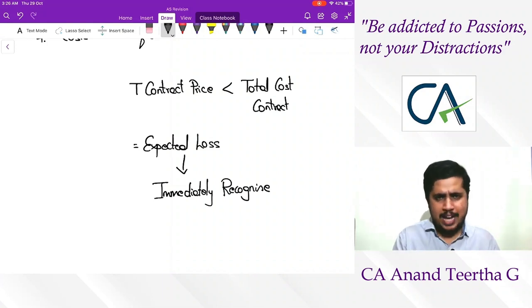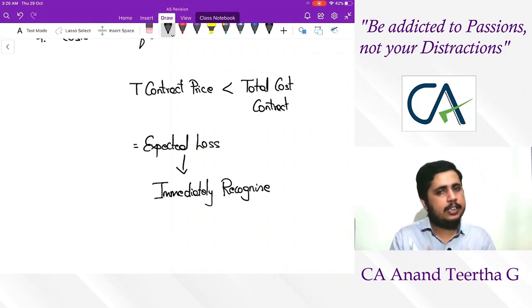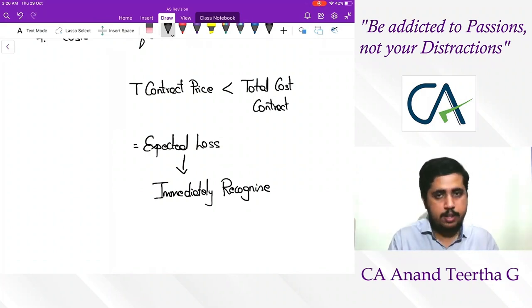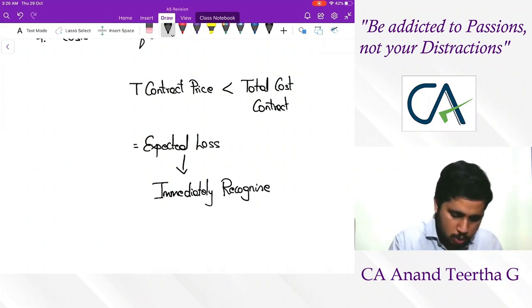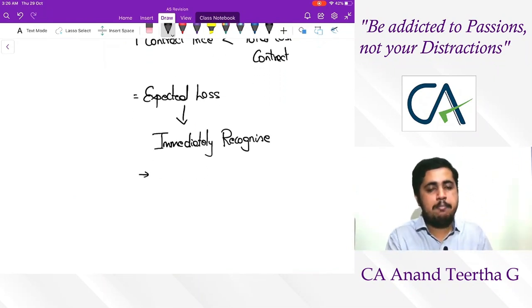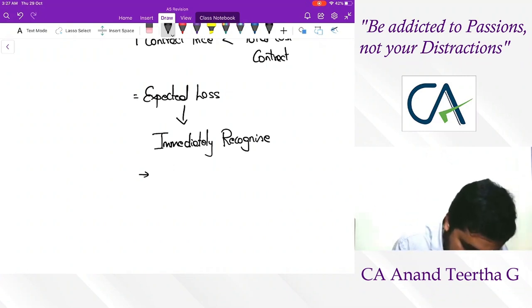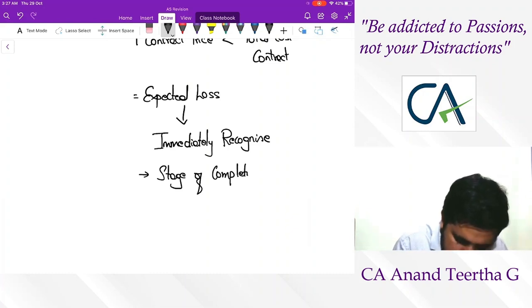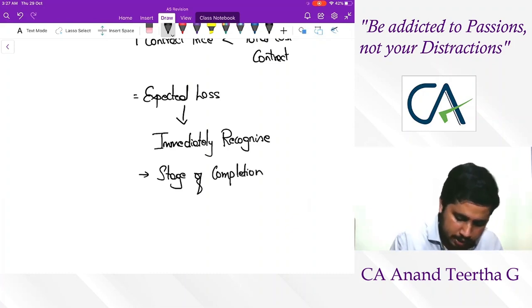As soon as a contractor finds that there is an expected loss, immediately recognize. Now a question comes, will any excuse work? No, no excuse is going to apply. This immediate recognition of expected loss will be done irrespective of stage of completion. No matter what your stage is, you have to recognize.